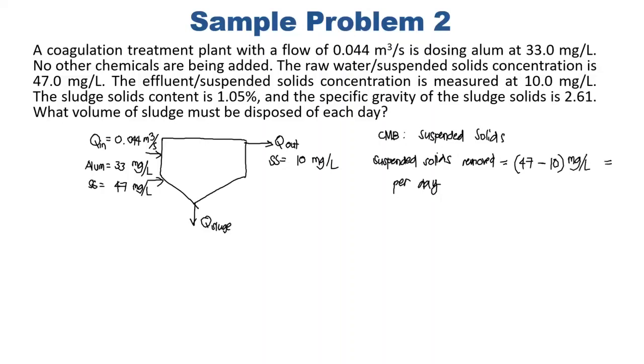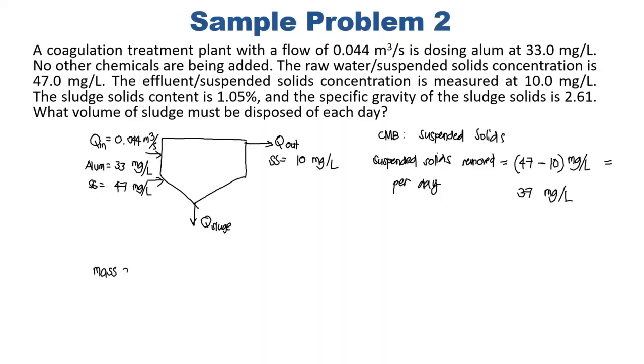So it's equivalent to 37 milligrams per liter for the suspended solids removed. Now, the next step is to find the mass of the suspended solids removed.